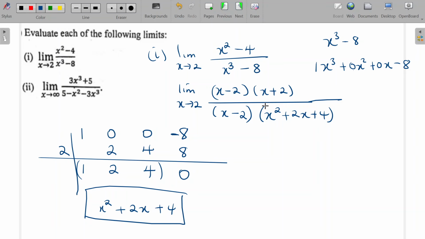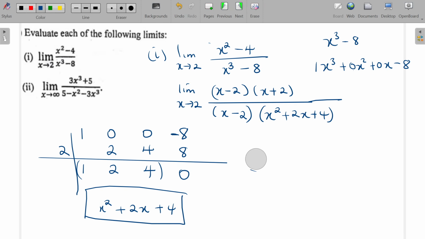Yes. All right. So now, what I was saying is that here on top, it is easy to factorize, right? It is a difference of two squares. So we just say it is x minus 2, x plus 2. But the one at the bottom, you don't just say x minus 2, then x squared minus 4. No, that is totally wrong.